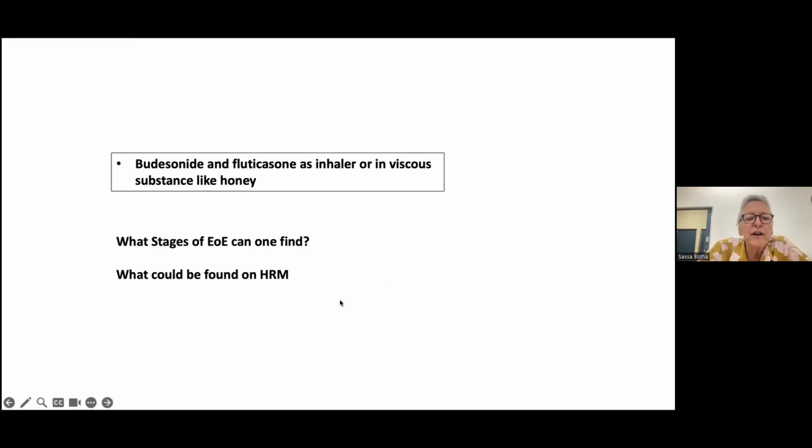And what would you find with the inflammatory stage of EOE on high resolution manometry? You'd probably find spasm. Interestingly, you can basically get any kind of finding, but specifically not spasm. You can get spasm, but think about what gets inflamed and how it can present: with dysphagia.